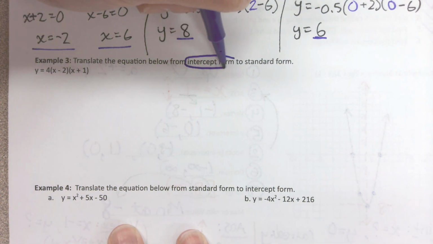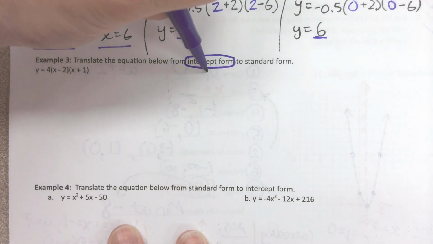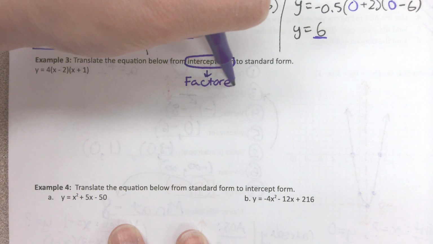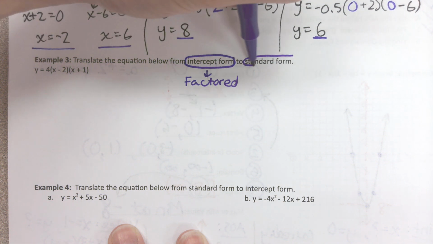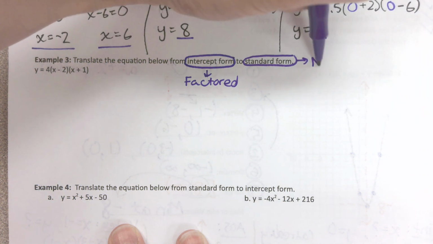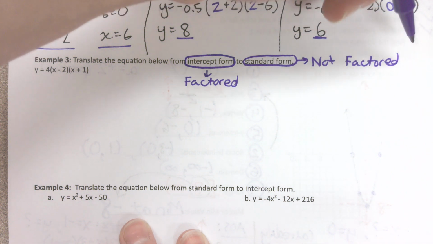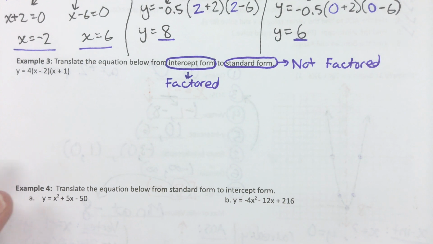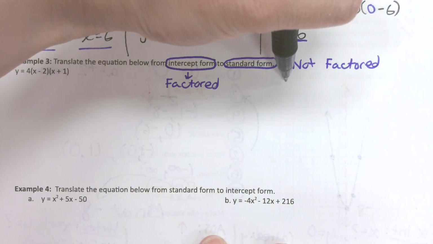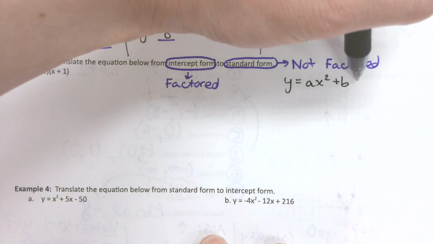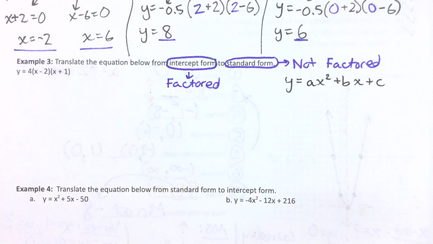Really the difference between the two, intercept form is factored, and standard form is not factored. Reminder, standard form is y equals ax squared plus bx plus c. We've worked with that a lot in this class.